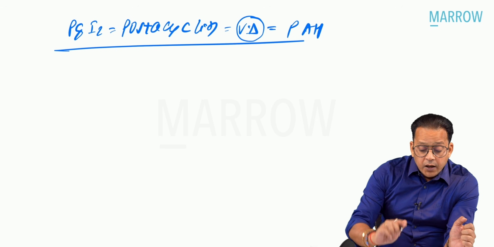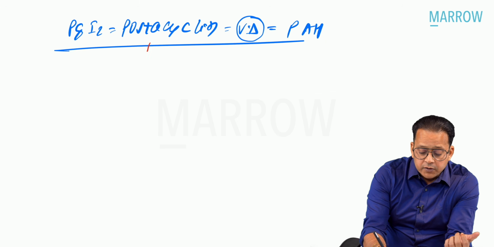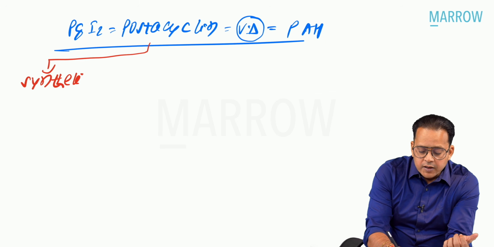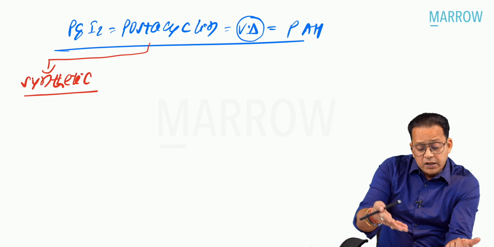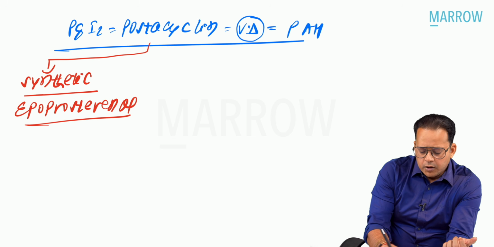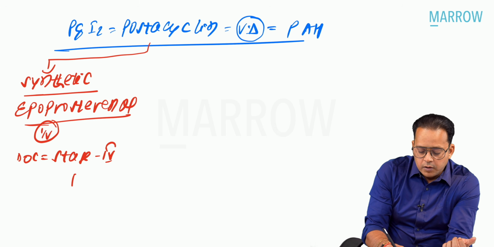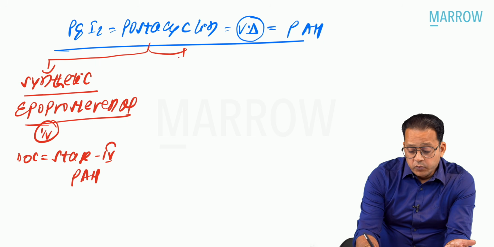Number one, I have made here a synthetic prostacyclin or prostaglandin I2, and the drug is called epoprostenol. It is given by IV route, and it is drug of choice for stage 4 pulmonary artery hypertension. Synthetic one, right? Then we have analogs.